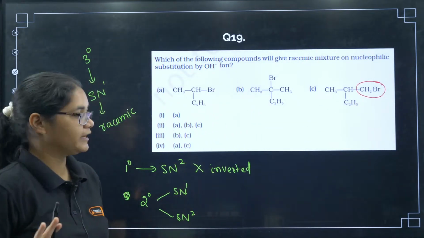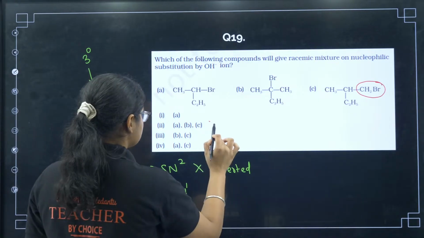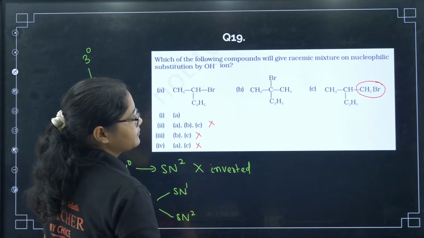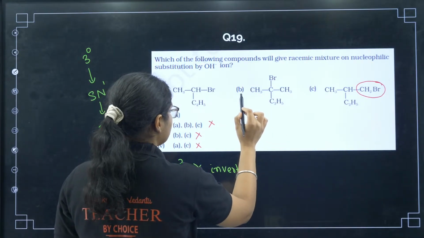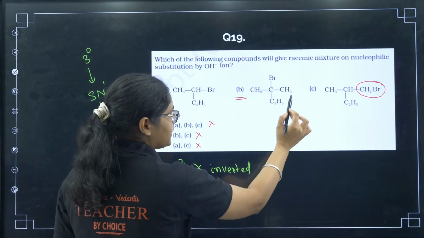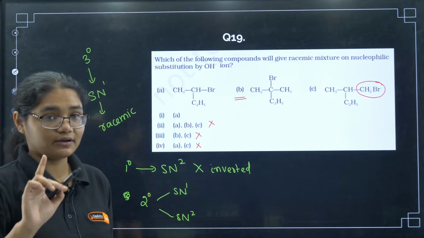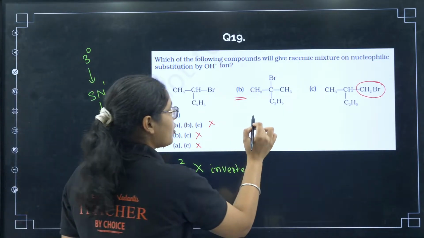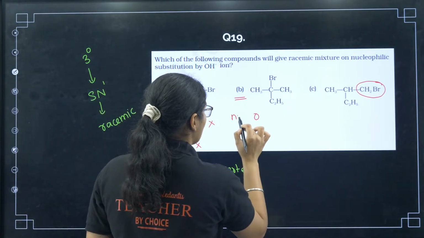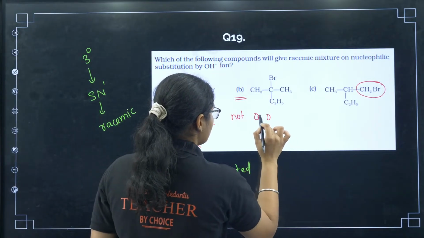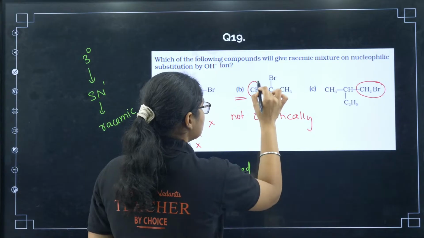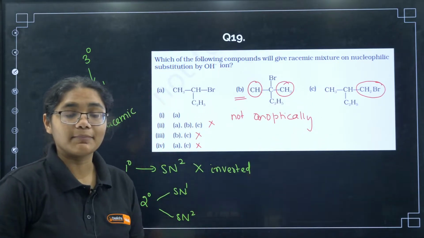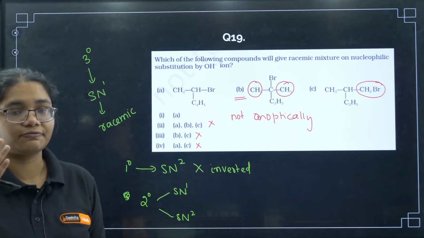So this one will definitely not undergo it. So C should not be there in the question, right? Next, if you see this one, what about B here? Can it be B? It is a tertiary group, right? So it will undergo SN1 reaction definitely, but it is not an optically active compound. Why? Because I have two CH3 groups. A compound is optically active if it has 4 different groups, right?